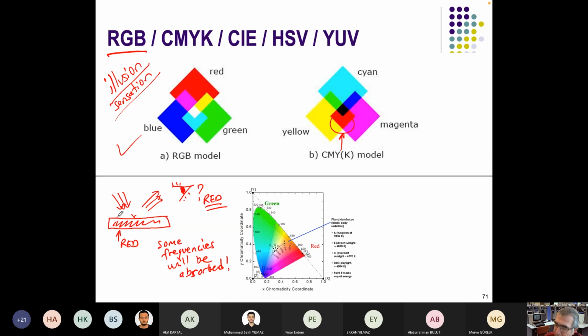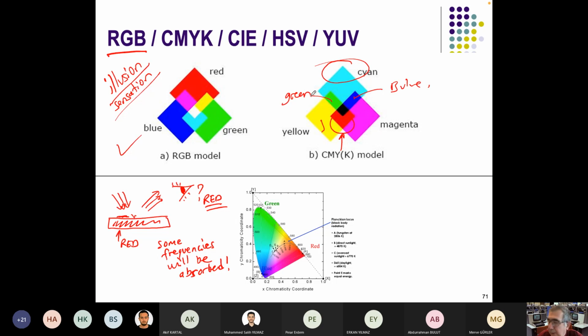So if I put a paint here, that paint should absorb certain colors.